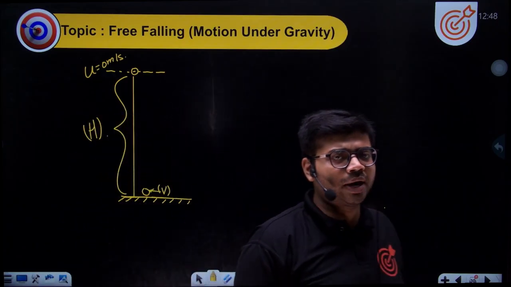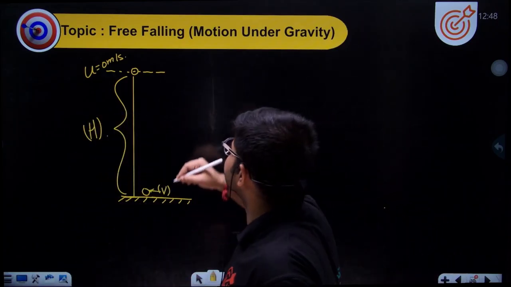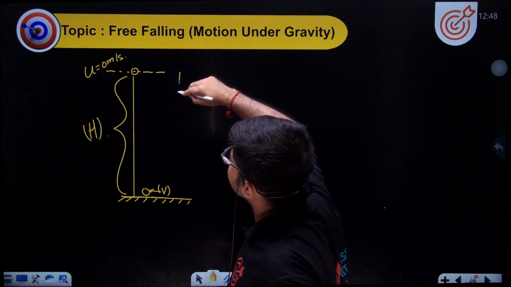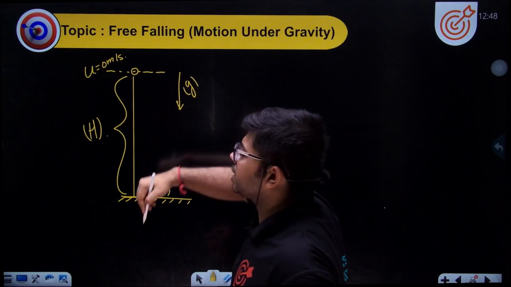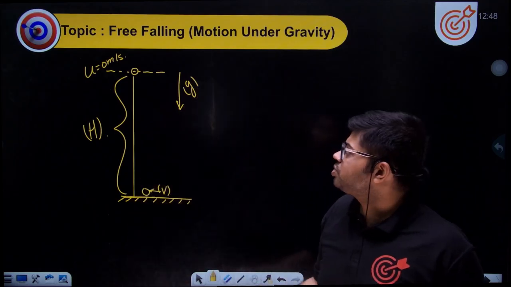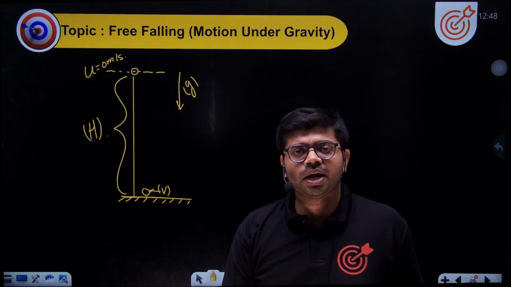You need to understand that g is always working. G always works in this direction. This is the direction of my G. नीचे ही तो ना work करेगा G. Always G is going to work along in the downward direction.